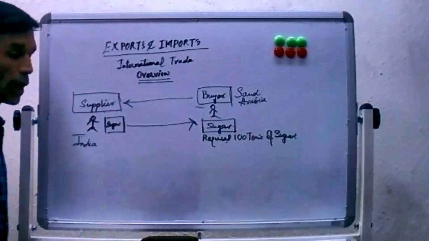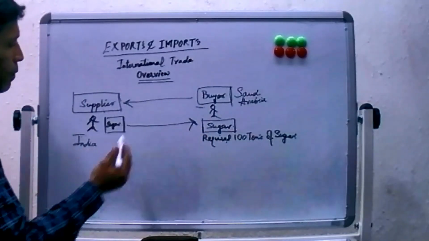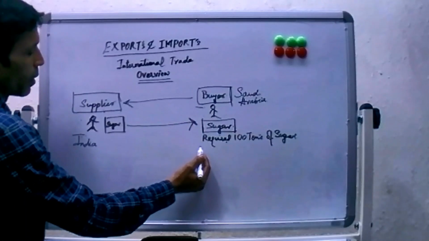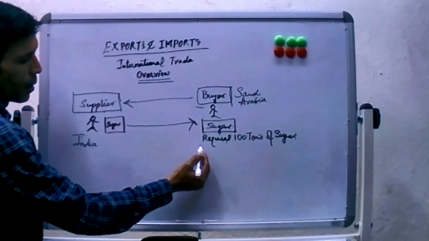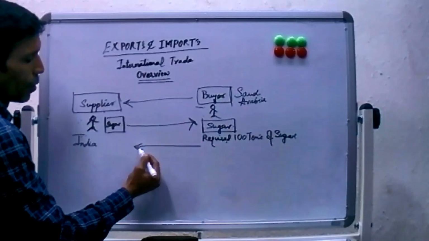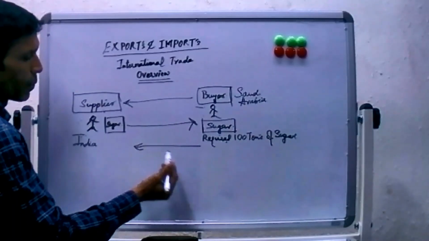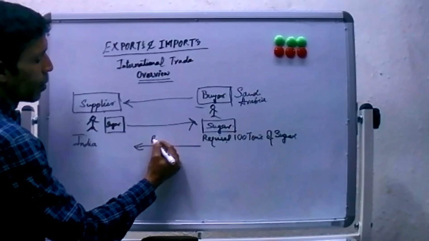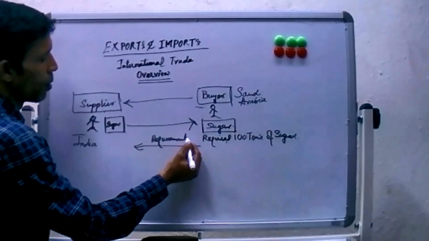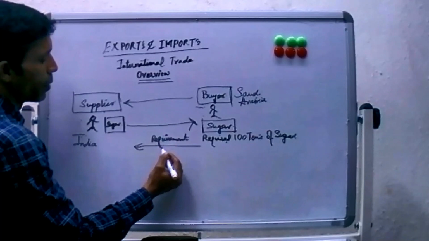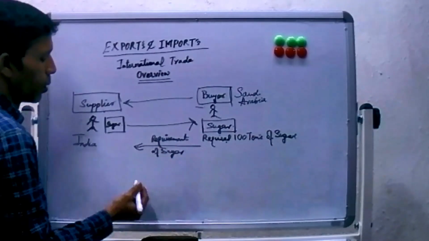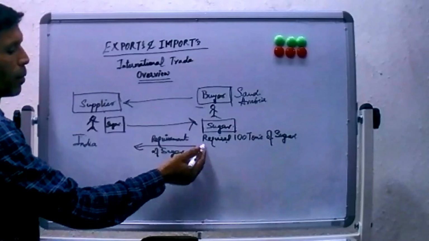How the deal happens is, first the buyer sends an expression of interest in his requirement of sugar to this supplier, from buyer to supplier.